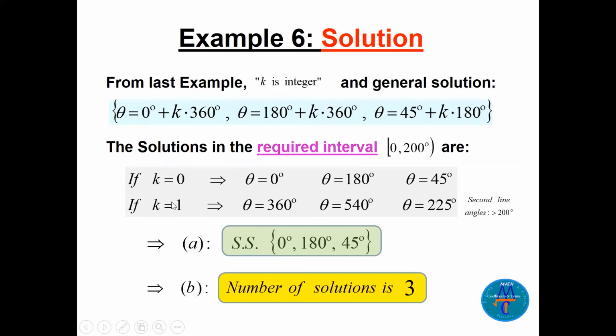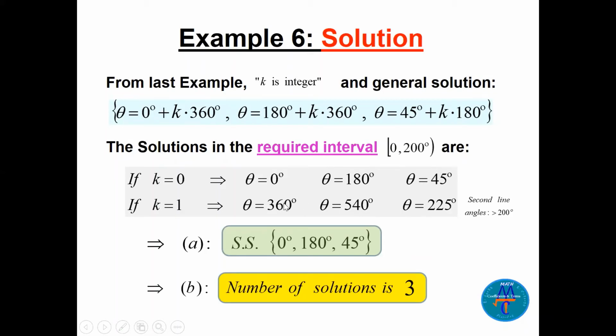Choose any k you like, k is integer, but the condition is all the angles you take, you count, you use, should be between 0 closed and 200 open. Let's say k is 0 here, so the angle 0, angle 180, angle 45. Take k equals 1, so this one will be 360, this one will be 540. If you put here k equals 1, theta will be 225.